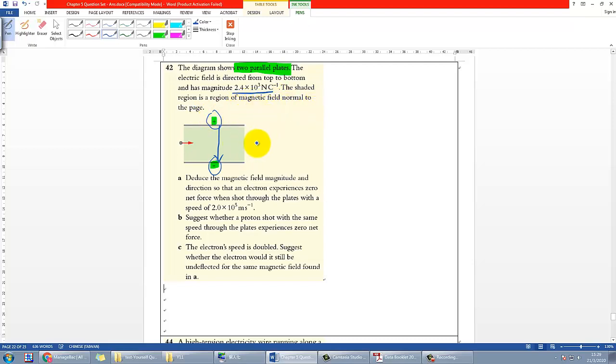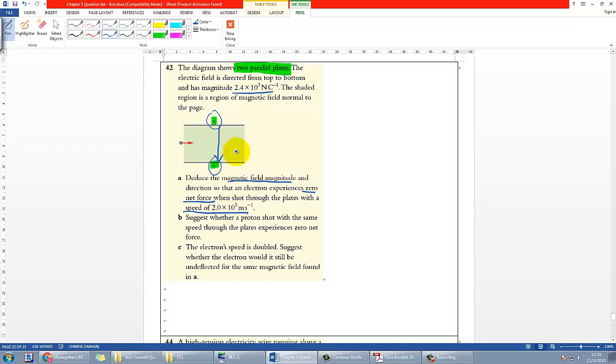Okay, so you don't know whether it's into the paper or out of the paper. It says deduce the magnetic field strength and direction so that the electron experiences zero net force when shot through the plate, okay, with a certain velocity. I think, does the velocity matter? Yeah, it doesn't matter actually.